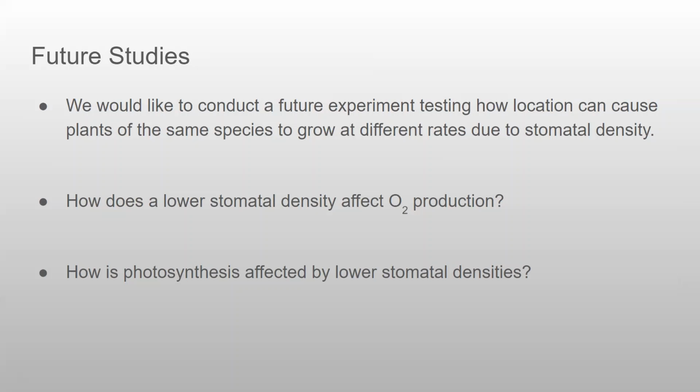Experiments similar to this one have been conducted before, but to our knowledge, one has not been done here on the SWOSU campus. We have also raised certain questions, such as, how does a lower stomata density affect the O2 production? And how is photosynthesis affected by lower stomata densities? We hope to continue research and have the ability to answer those questions based upon scientific data.